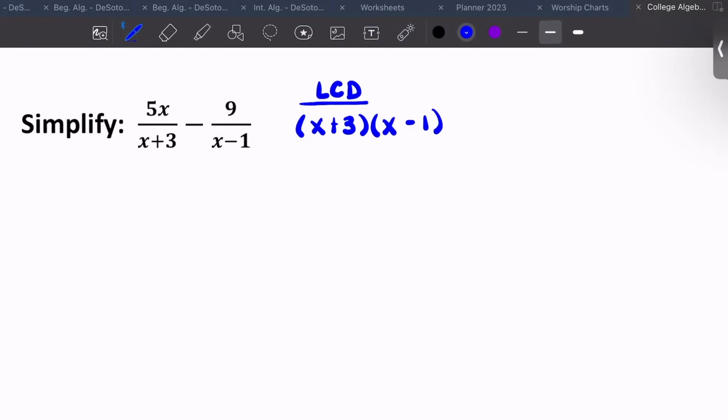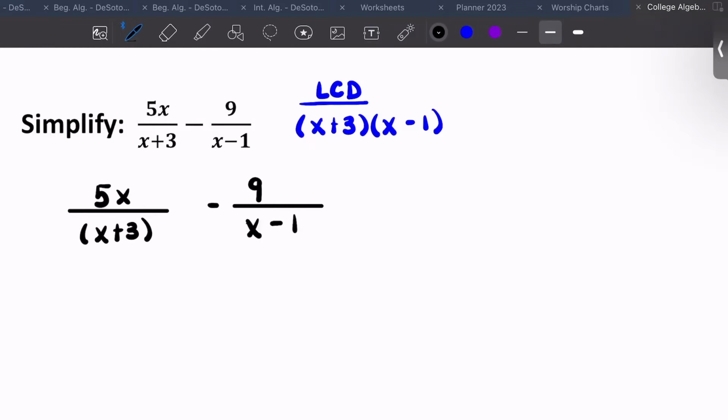Now, I'm going to write my problem over again. 5x over x plus 3. I'm going to leave me some room. Minus 9 over x minus 1. Okay, that's what I have.